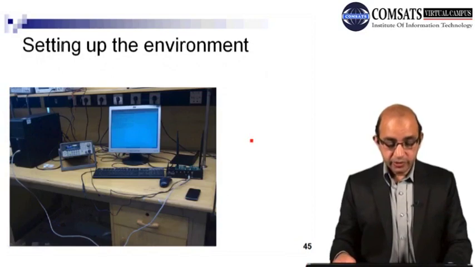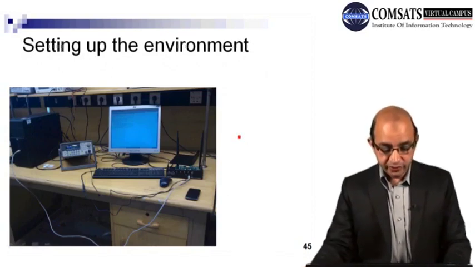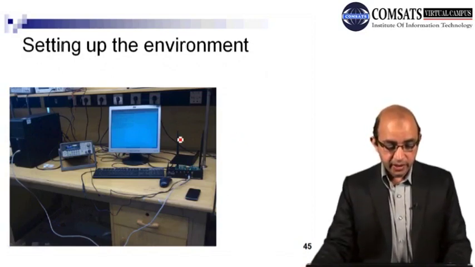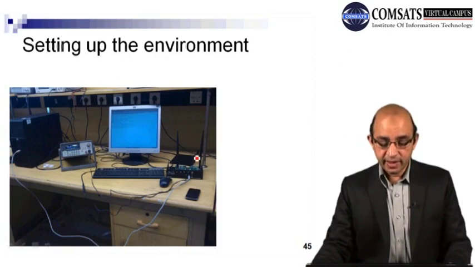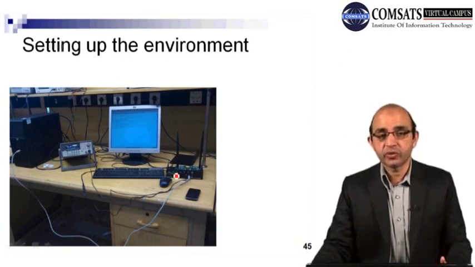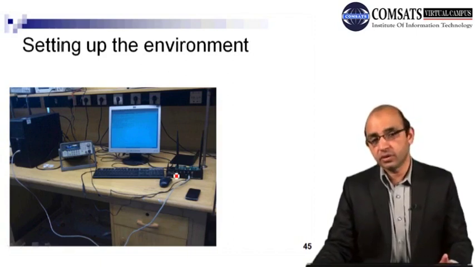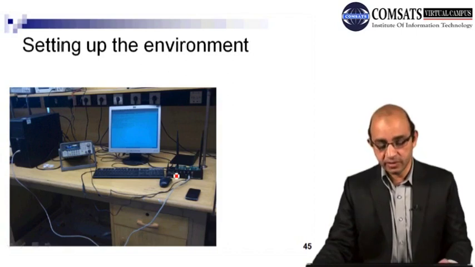Okay, so this is the environment. So you can see we have USRP, and this is actually the signal generator. The problem with this USRP is that, because it is USRP1, it doesn't have an accurate clock that is required for GSM communication.